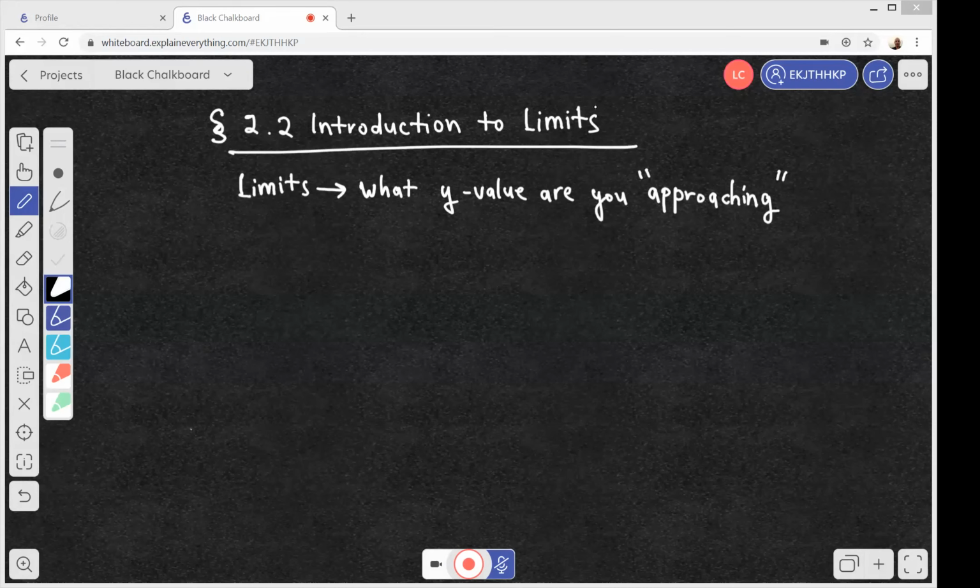So here's your example. Let's say you're given the equation y equals 2x minus 1.